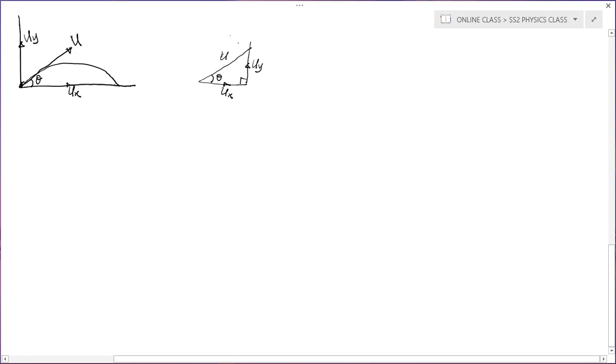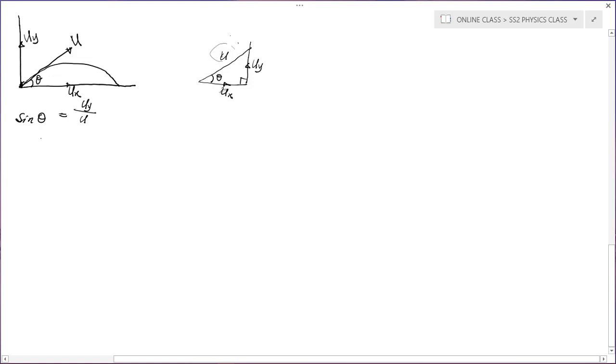Don't forget that this thing will move like this to this place. Now, let's look at their relationship. From here, you can see that here is hypotenuse, here is opposite, here is adjacent. Using trig ratio, we'll be having sine theta equal to opposite, which is uy, over hypotenuse.